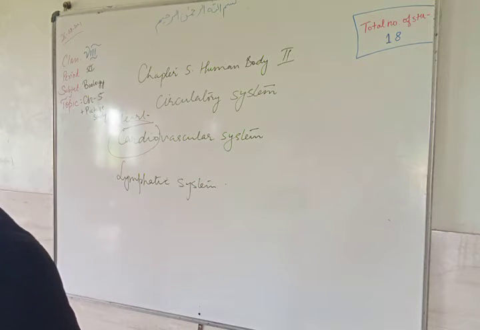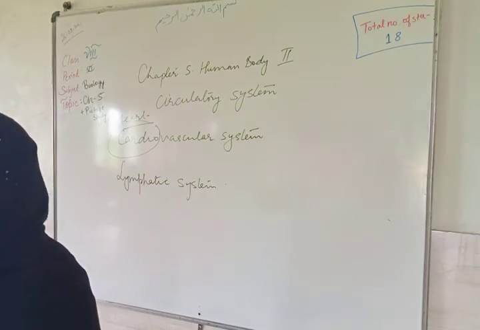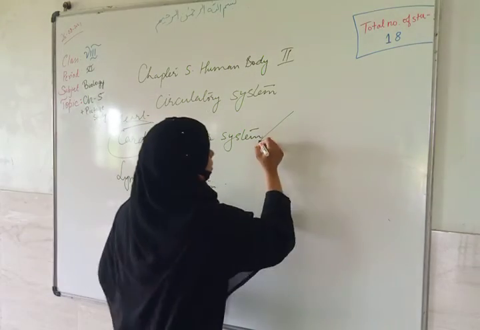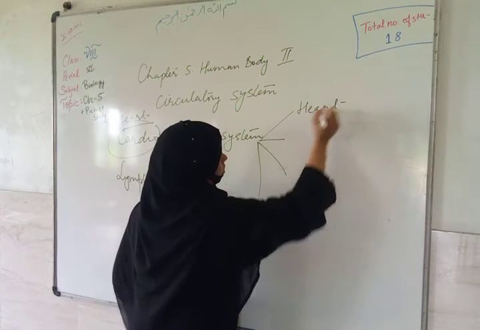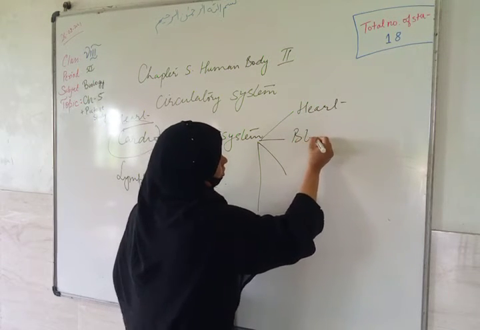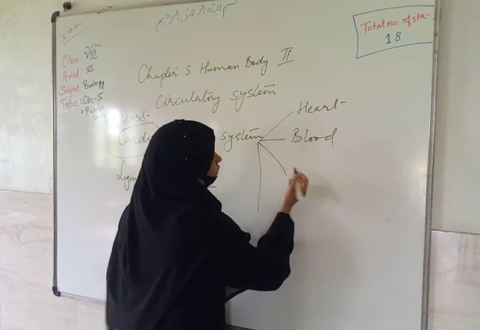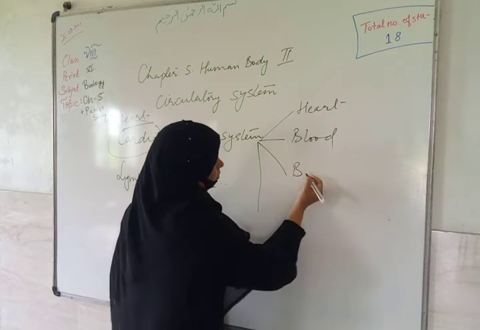Okay, fine. So what are the components of the cardiovascular system? Heart, blood, and blood vessels.